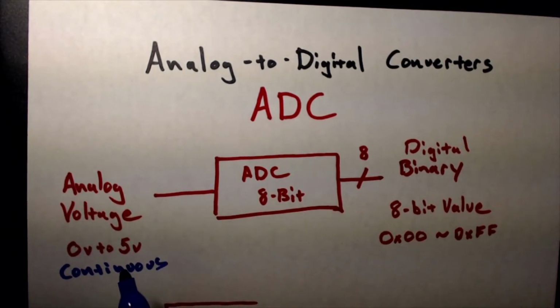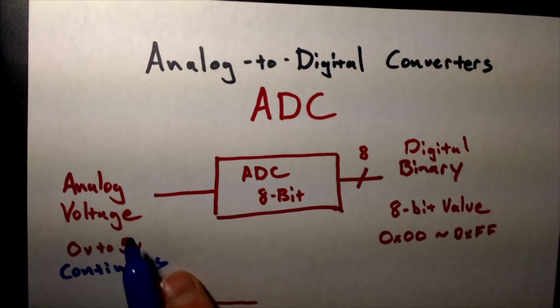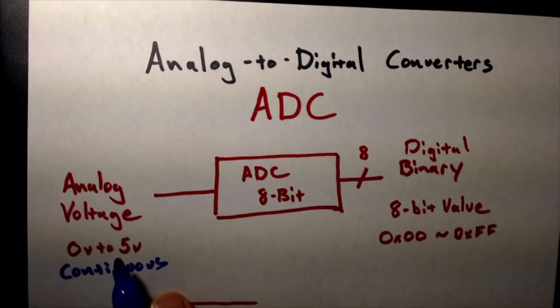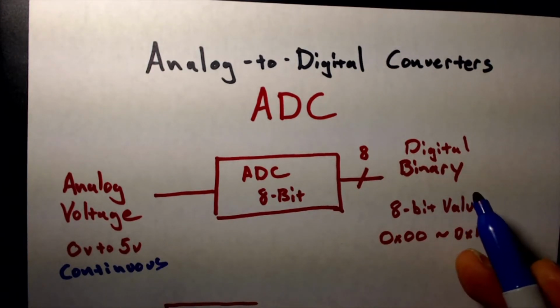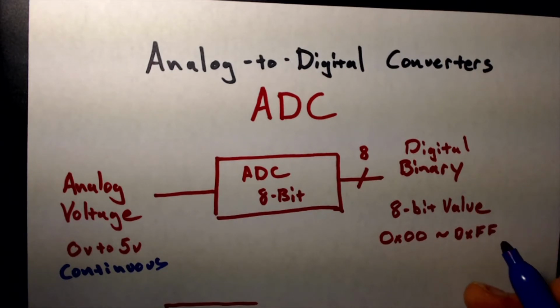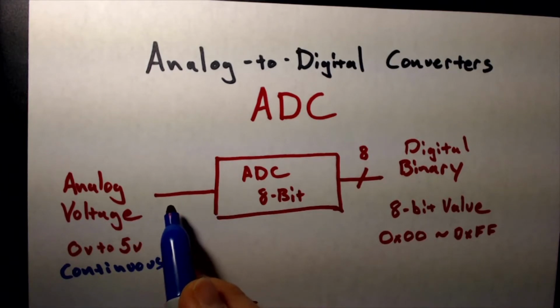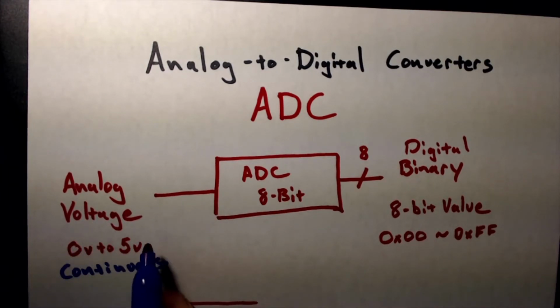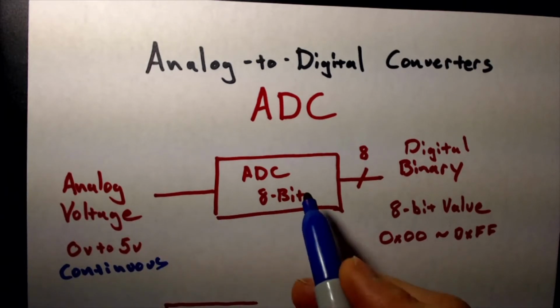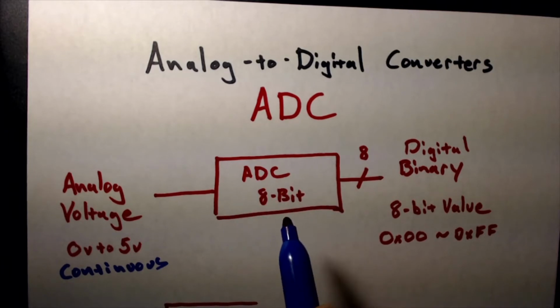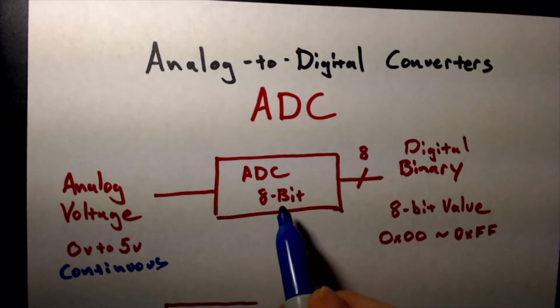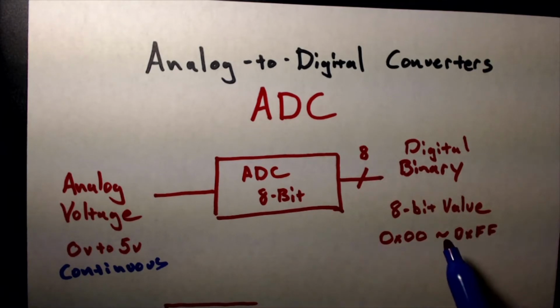And it's going to convert that continuous voltage, whatever value it's at, into a digital or discrete value, a number that's represented by a sequence of zeros and ones. So that's why over here we have one wire that's going to take a voltage in the range of 0 volts to 5 volts, and through some process, convert that into a numerical value that's represented in digital or binary.